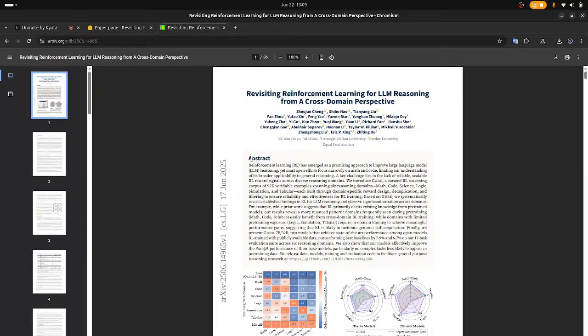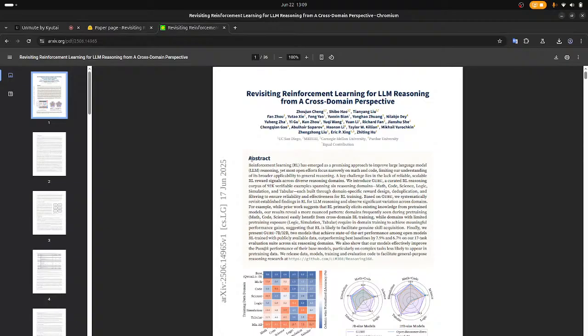Yeah, now I think I'll just read the abstract and think a bit about what it says. So reinforcement learning has emerged as a promising approach to improve language models, yet most open efforts focus narrowly on code and math, limiting our understanding of its broader applicability. A key challenge lies in the lack of reliable, scalable RL reward signals across diverse reasoning domains.